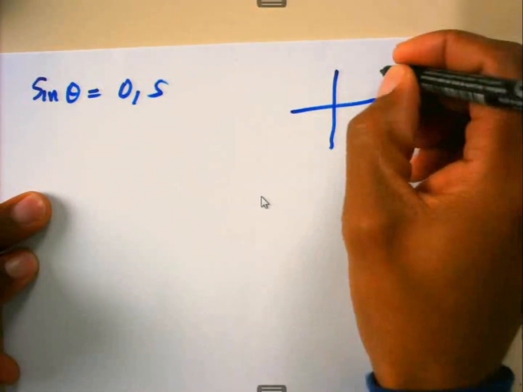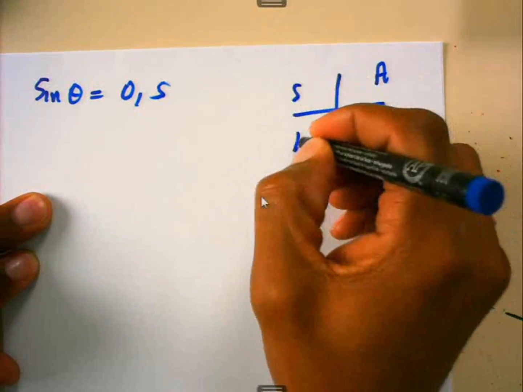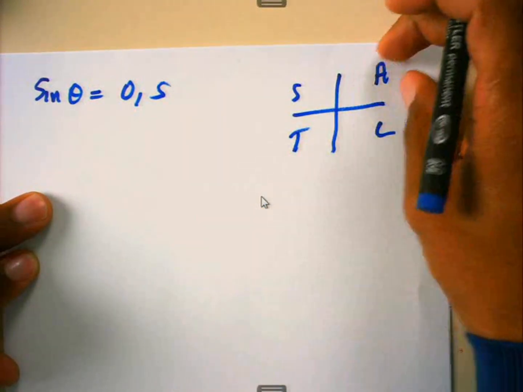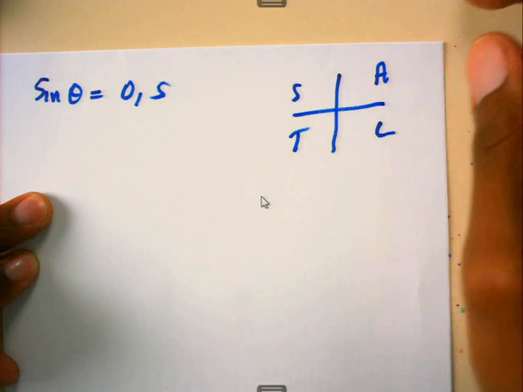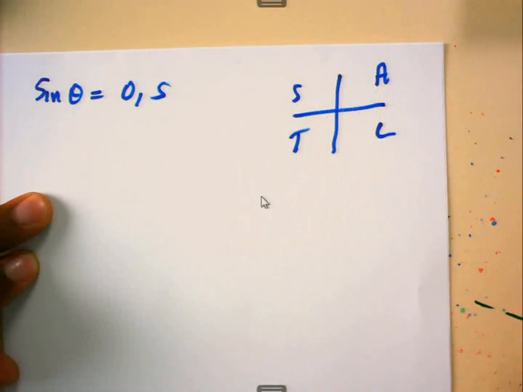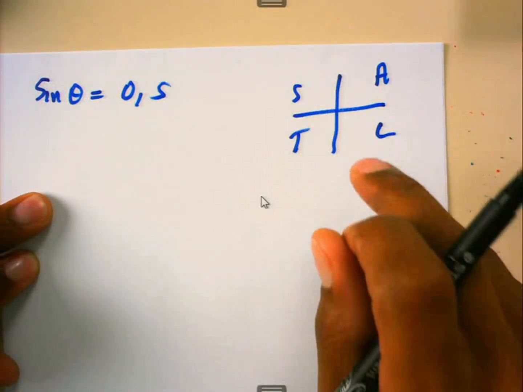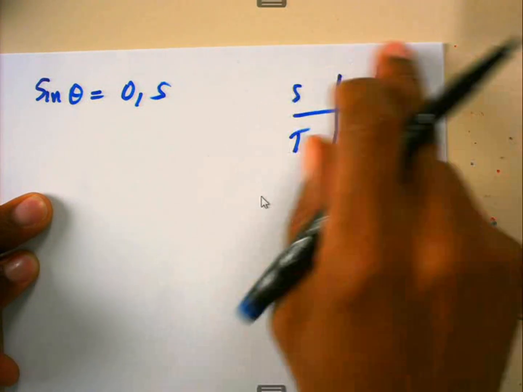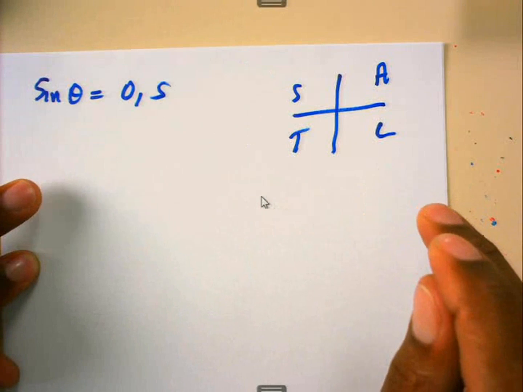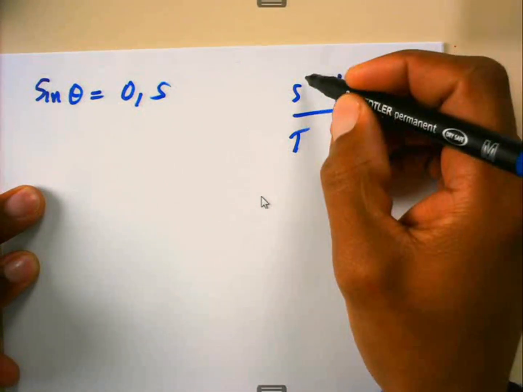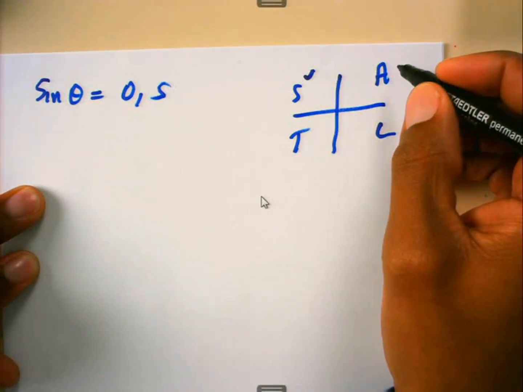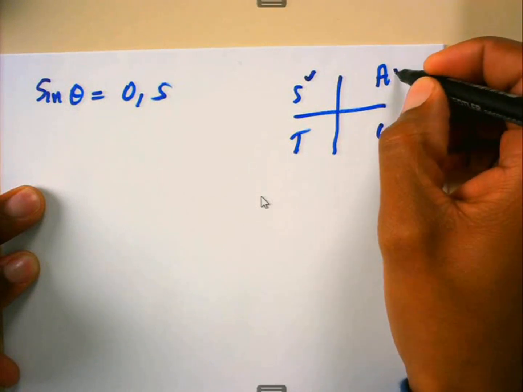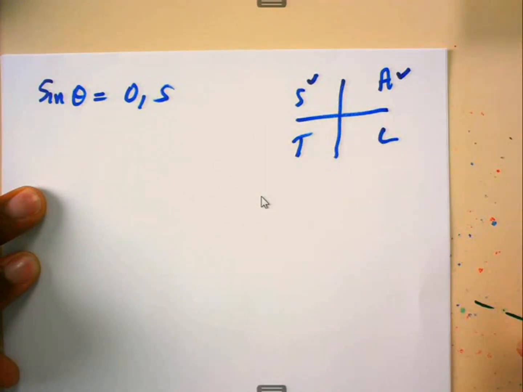You remember in the first quadrant they are all positive, in the second quadrant only sine is positive, then tangent in the third, and in the fourth quadrant it is cos. Why am I bringing this? It's because sine is positive in two quadrants, the first quadrant as well as the second quadrant.